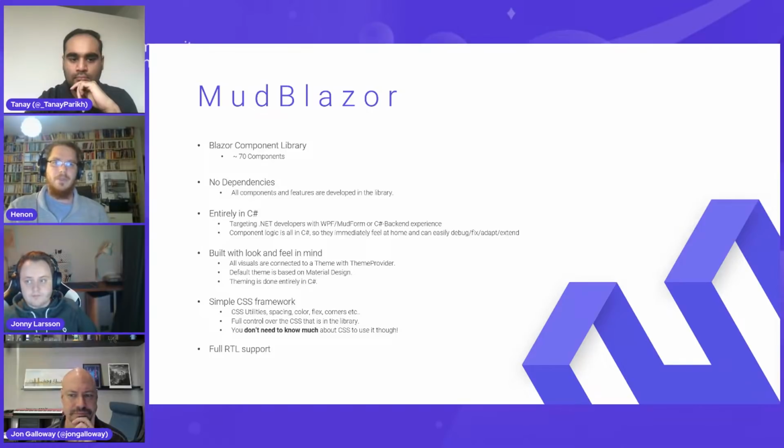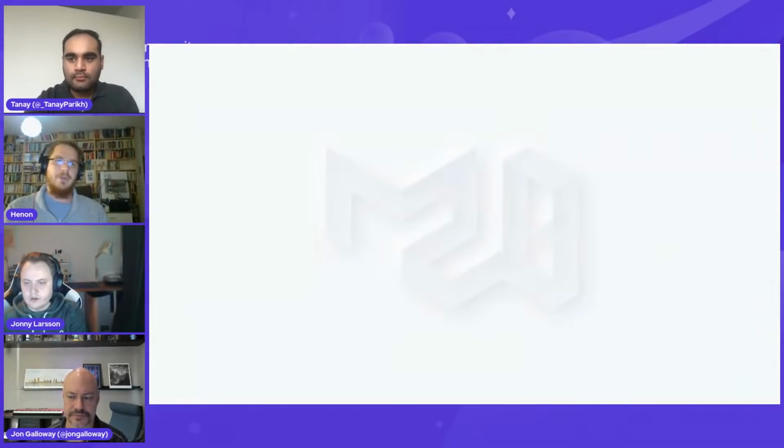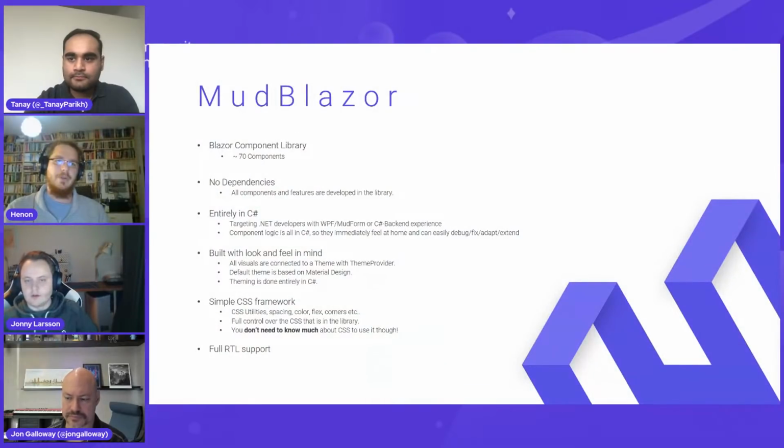If you want to quickly add margin to a component, you can just add a class. If I want a top margin of, say, 16 pixels, then it's MT4, or if you want more, then it's MT5, so margin top 5, and the same for padding, then for flex and corners and so on. There are some very simple CSS classes, very handy. I'm going to show them a little bit later.